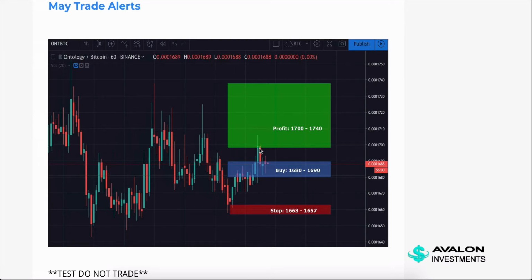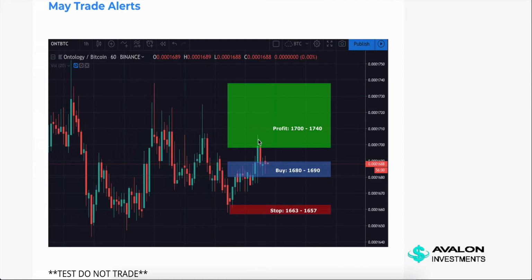So you could set your take profit for 1700, the lower level of the zone. You could set it somewhere in the middle, for example 1720, or you could set it simply for the top, 1740. You could also set it for different candle wicks that you see extending. For example, you could set it maybe here, that would maybe be about 1705, something like that. So it really just depends where you want to set it.